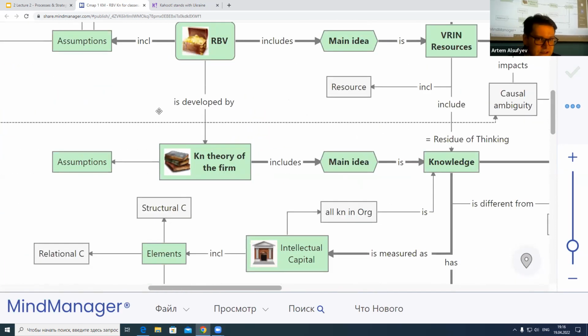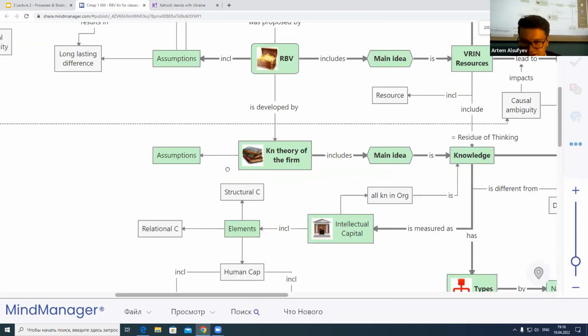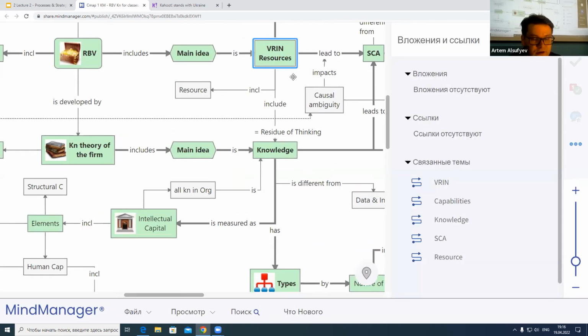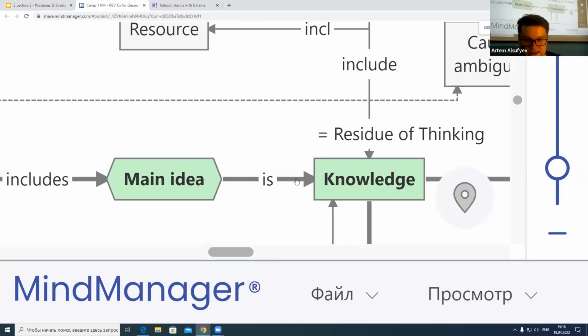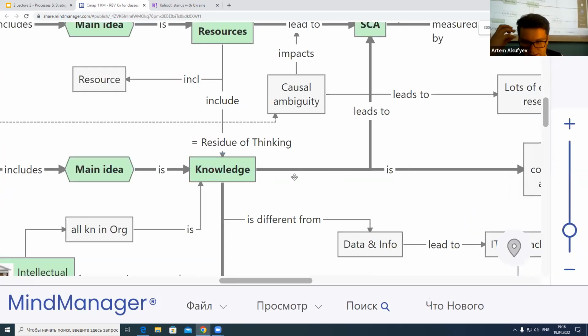The mirroring concept is the knowledge theory of the firm, which states that this VRIN resource, in our case, is knowledge. And we defined knowledge as one's understanding of certain information and also residual thinking, meaning, and it is important, only humans can think. Machines cannot do so.